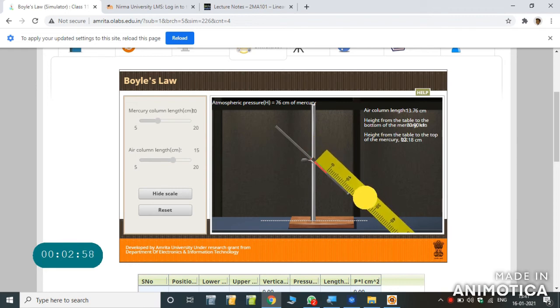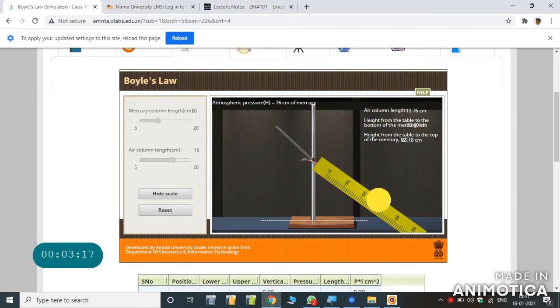The length of the air column is 13.7 centimeter. Here it's also shown, which is slightly less than the previous one. It decreased from 15 centimeter to 13.76 centimeter.